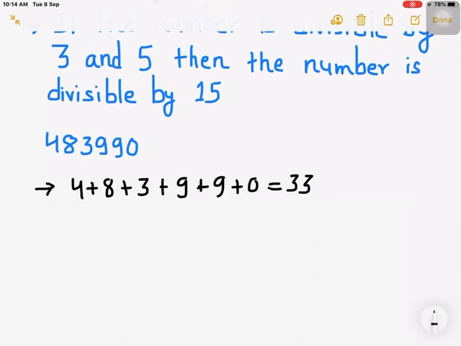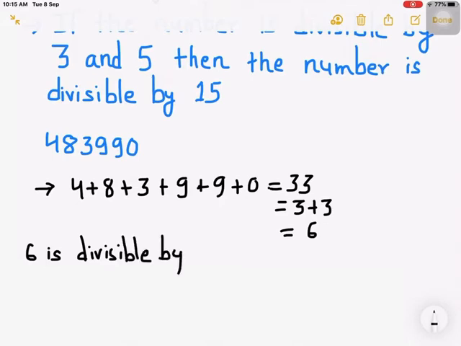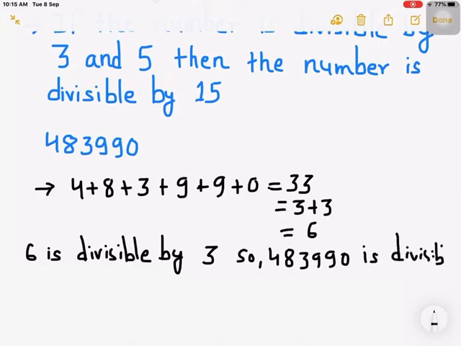And 33, 3 plus 3 equals 6, and 6 is divisible by 3, isn't it? So 483990 is divisible by 3.